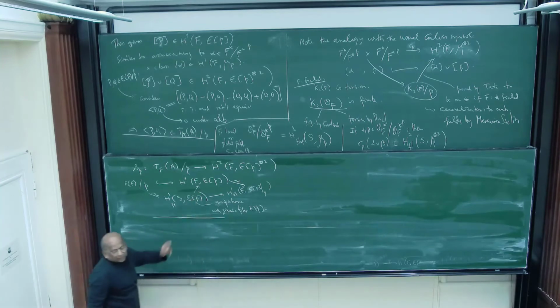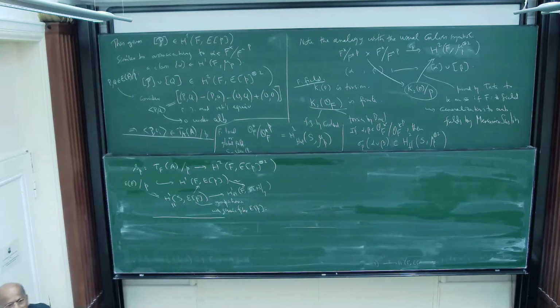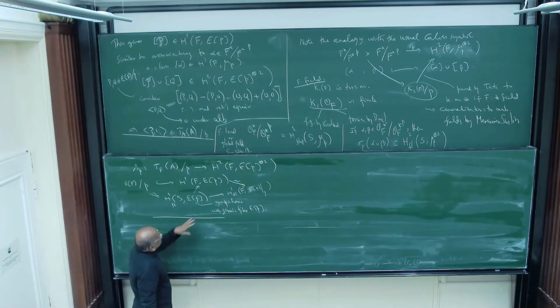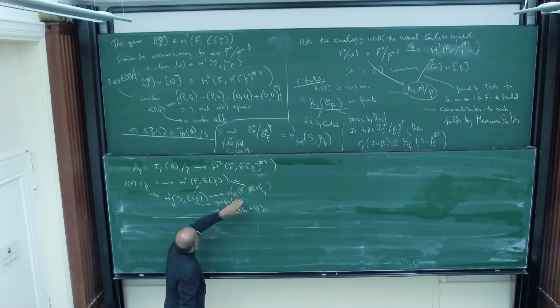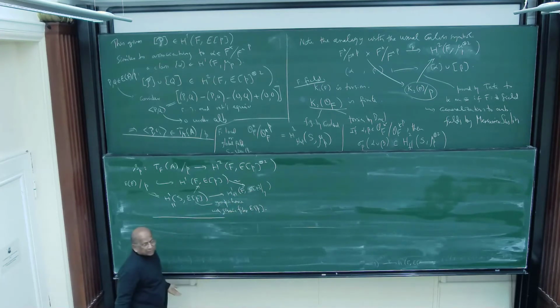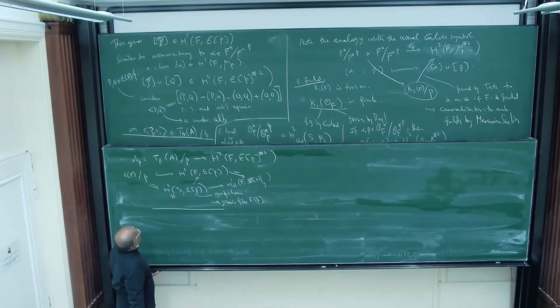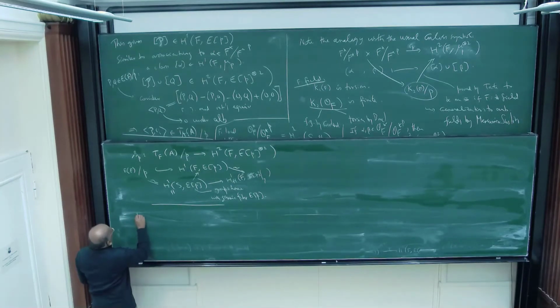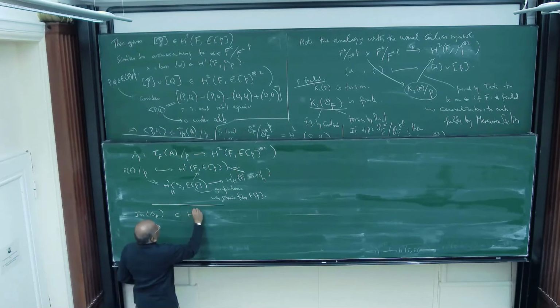So actually you have a map, because the map from the flat site to the étale site goes naturally this way. But luckily, whenever you have a reasonable sheaf, you can do it. And then you can actually show that the image of SP is actually inside H2.